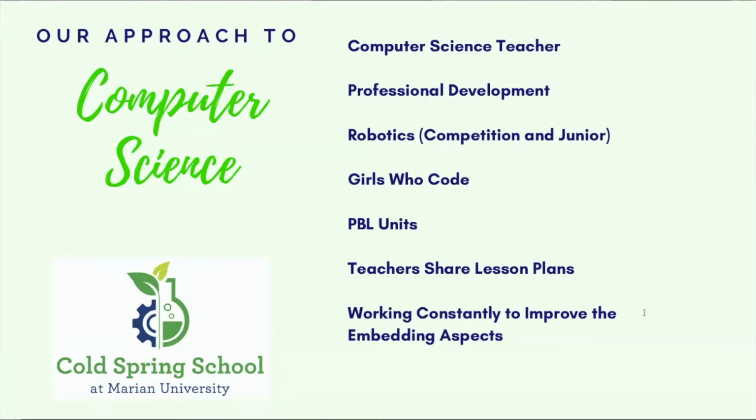We also have a robotics team, for which I am the co-coach of the competition VEX IQ team, and I head up our junior robotics team, which I'm going to tell you is huge. If you have an elementary program, you can do the Dash and Dot Wonder Workshop competition. It's all online.